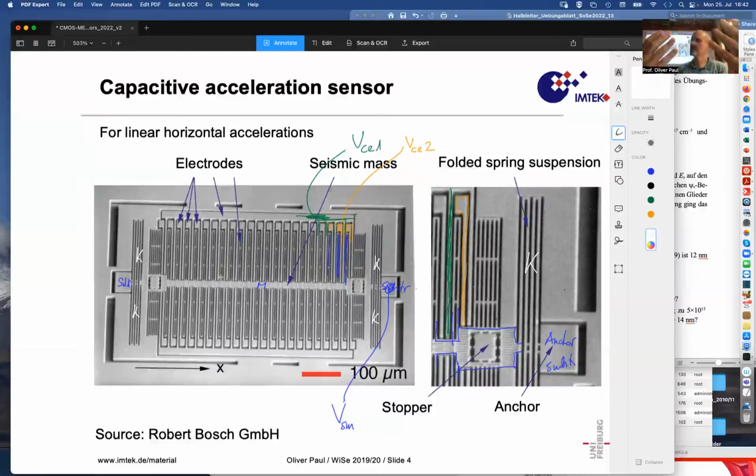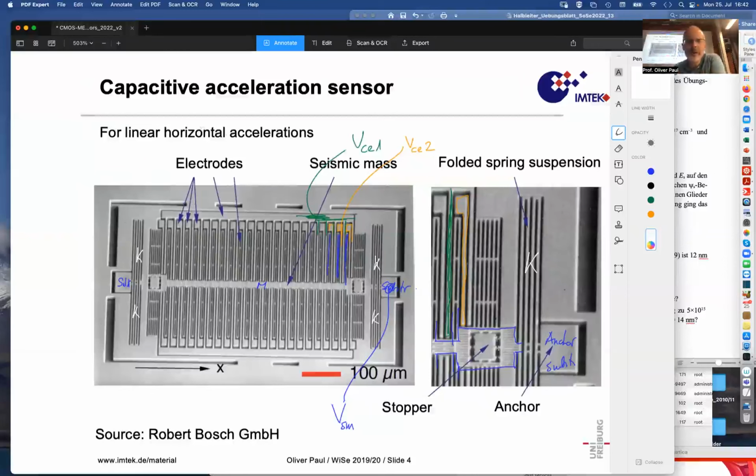In this millisecond, the endangered person's face has only moved by maybe 10 centimeters. Well, you can calculate that, and then boom, inflates the bag, and you're safe. So these are the time constants that need to be taken into account in the calculations of such accelerometers.